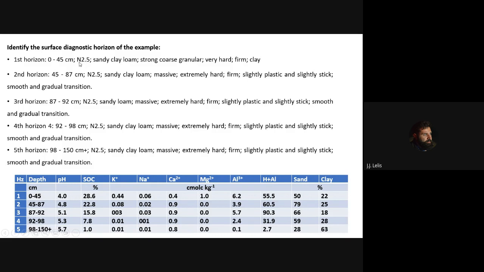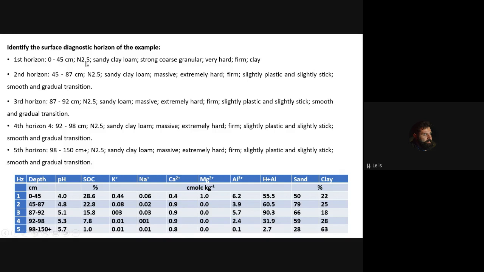This symbol, this N, means neutral or without hue. So the soil of this horizon is not red, it's not yellow or green or a mix of these colors, but presents a gray color.